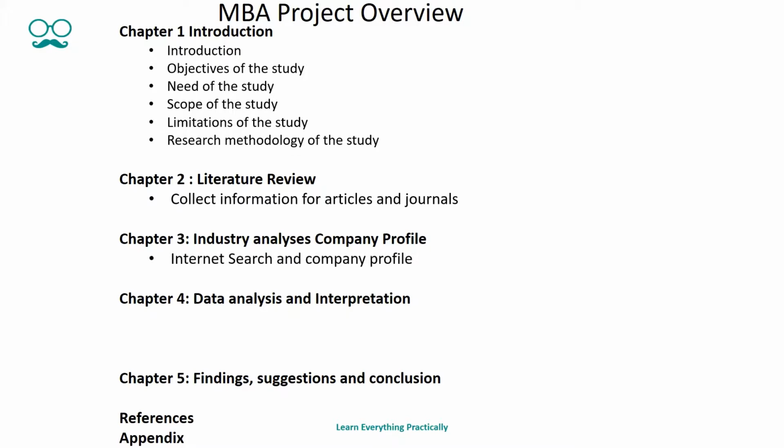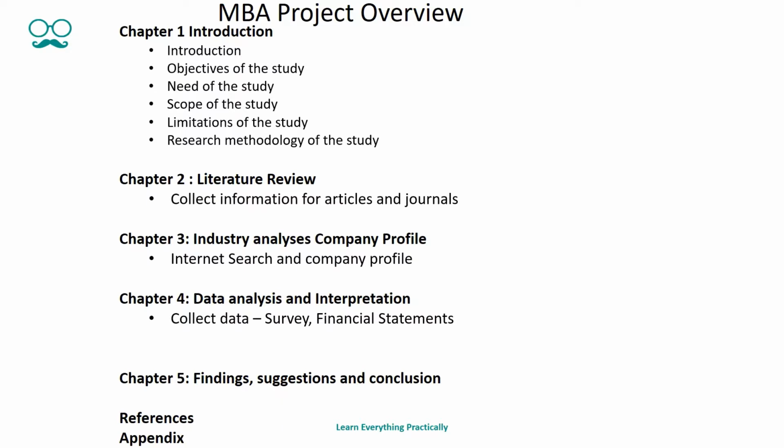Then industry analysis and company profile. For example, if you are choosing Infosys as a company, it belongs to the IT industry. You should do research on the IT industry, and research on the company, and provide your inputs in Chapter 3. And then data analysis and interpretation. As I said, the data can be collected via survey or financial statements.